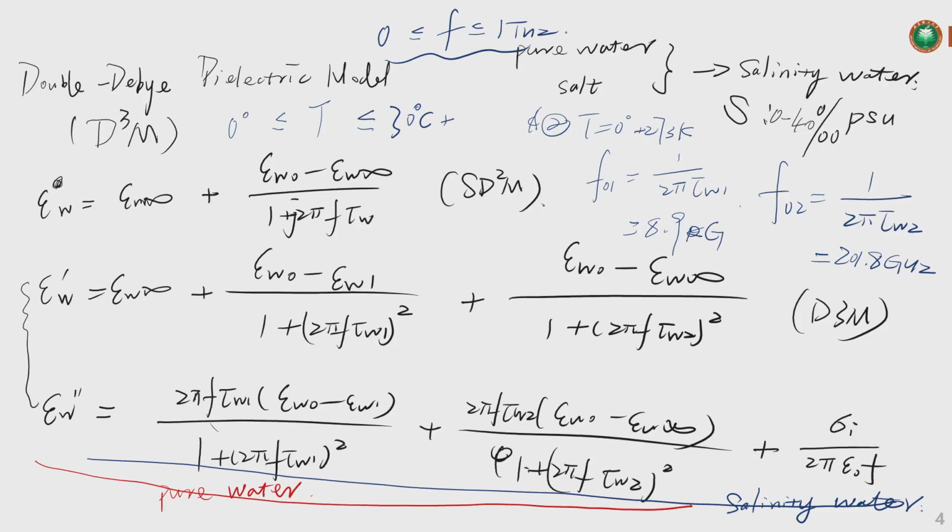But for ice, if we increase the temperature from minus 30 degrees centigrade to 0 degrees centigrade, it would still be ice at 0 degrees centigrade and cannot be liquid water.